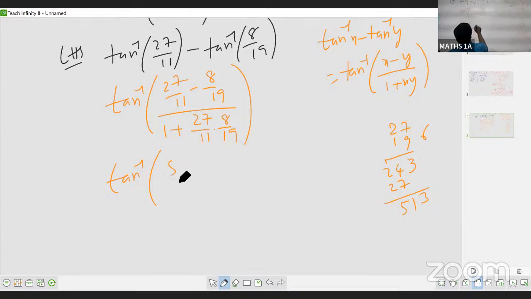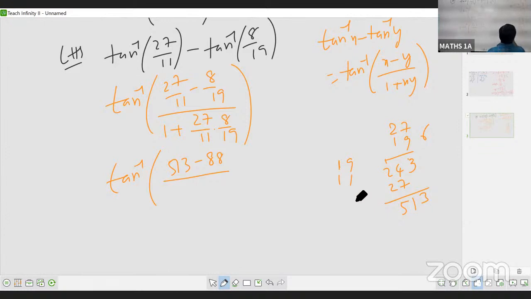So this I am getting 513 minus 88 divided by 11 into 19. 19 elevens are 209.